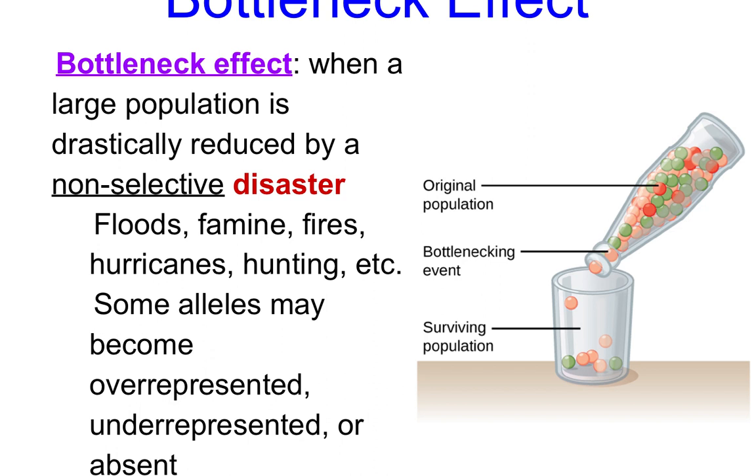Some alleles may become overrepresented or underrepresented in this case, or a population could completely lose a set of genetic patterns. This is when there's a very, very small number of survivors from a specific population.